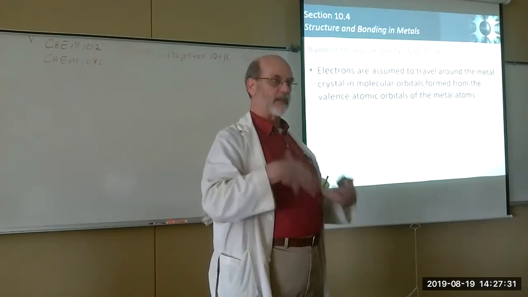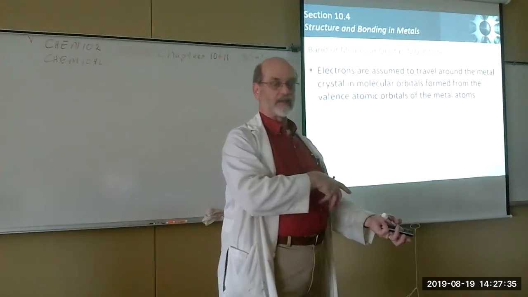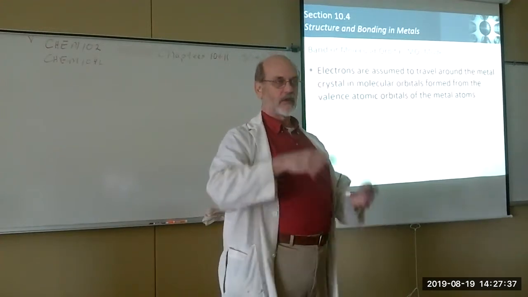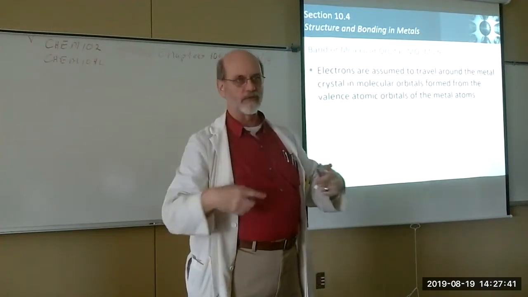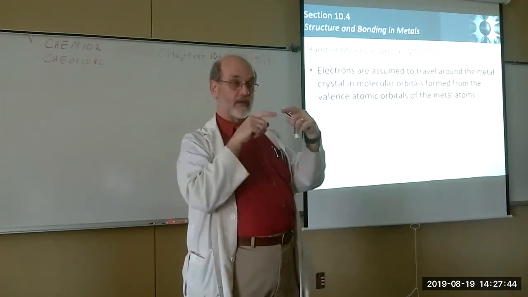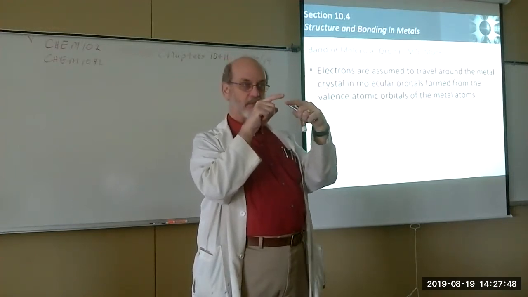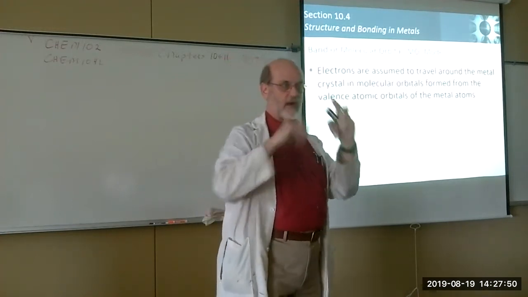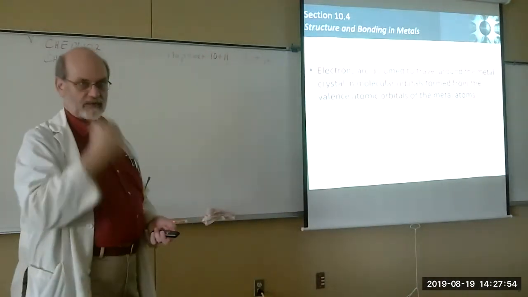Because you have to have the same number of molecular orbitals as atomic orbitals that went in to make them. So that means that the energy gap between them is almost nothing. So the electrons are very easily transmitted between molecular orbitals throughout that entire structure. And that interaction of molecular orbitals is what bonds them together.